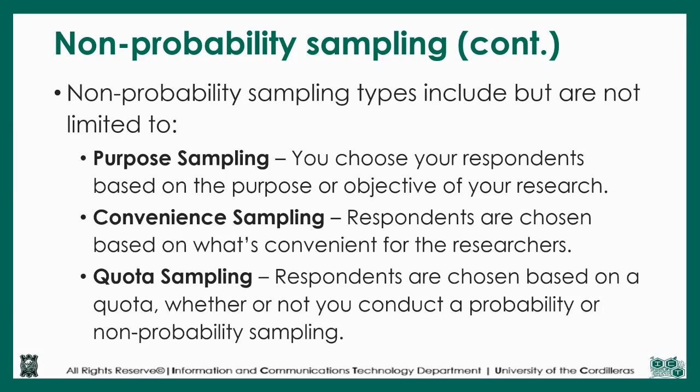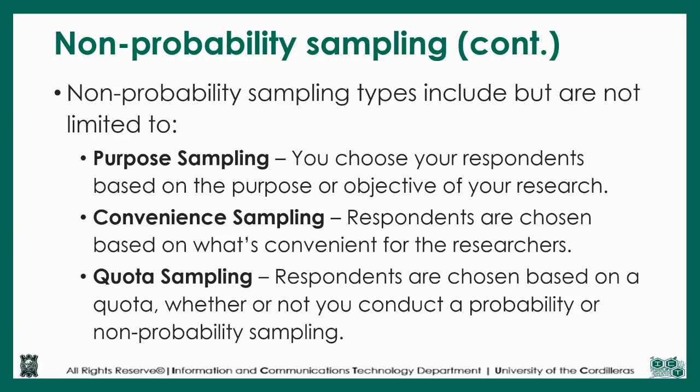First is purpose sampling. You choose your respondents based on the purpose or objective of your research. So here you will look at the people in your study who can specifically help you answer your research questions. For example, let's say your topic again is the environment. You will only then survey people who have extensive knowledge on the environment.